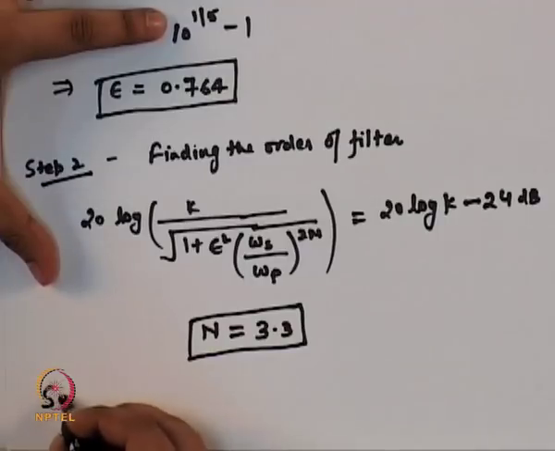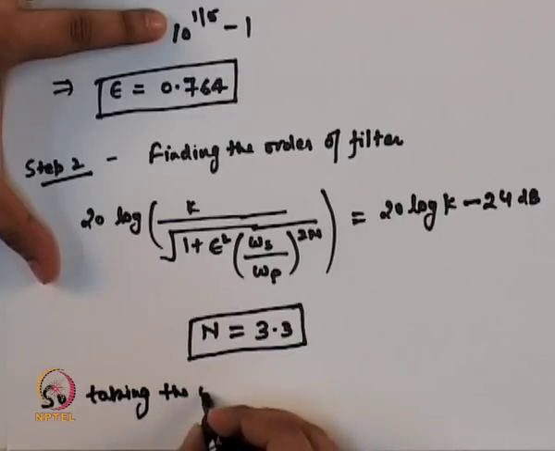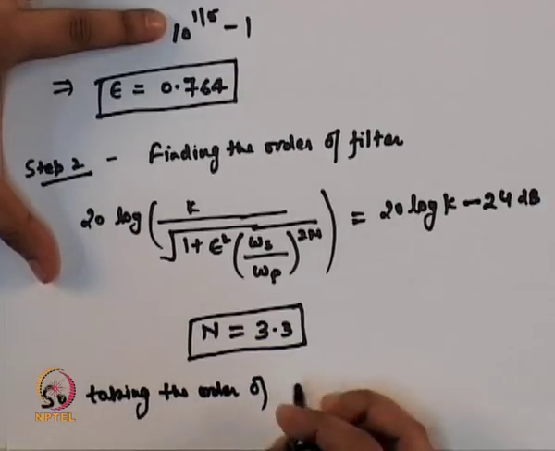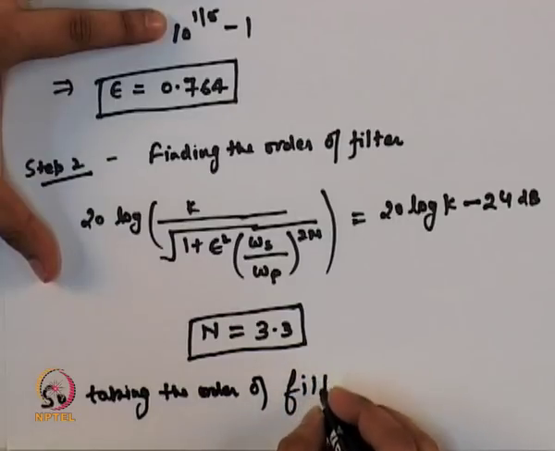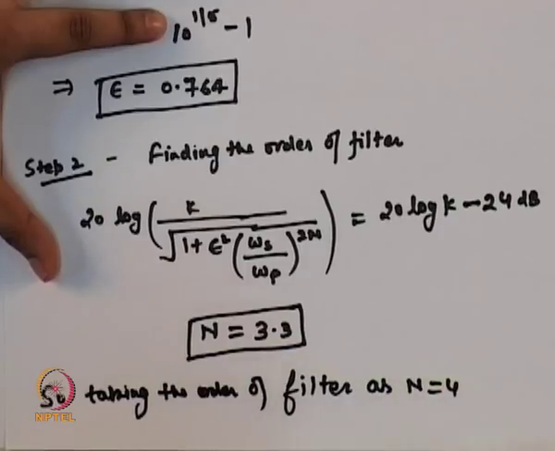So taking the order of filter as n equal to 4.